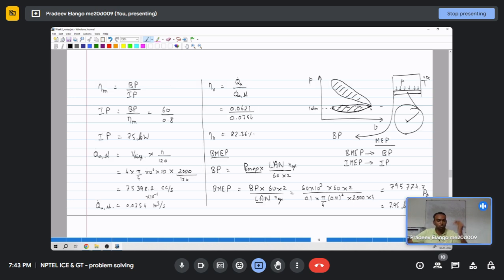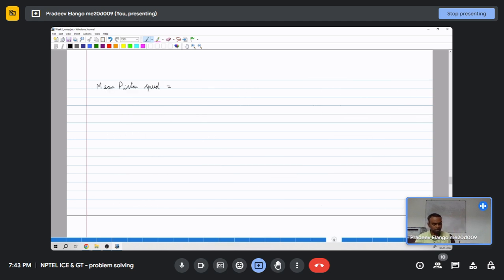The piston will keep moving up and down in the strokes, and we know based on the slider crank mechanism the speed will not be constant, so it will be almost zero near the dead centers, both top and bottom dead centers. Around 90-degree crank angle it will be the maximum, and then again it falls. So this piston speed will keep varying, but we can calculate a mean piston speed, which is the same if we travel the same distance in the same time.